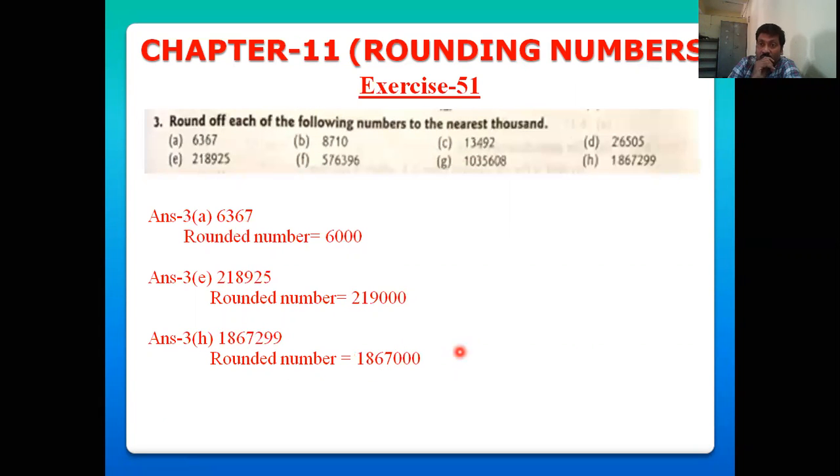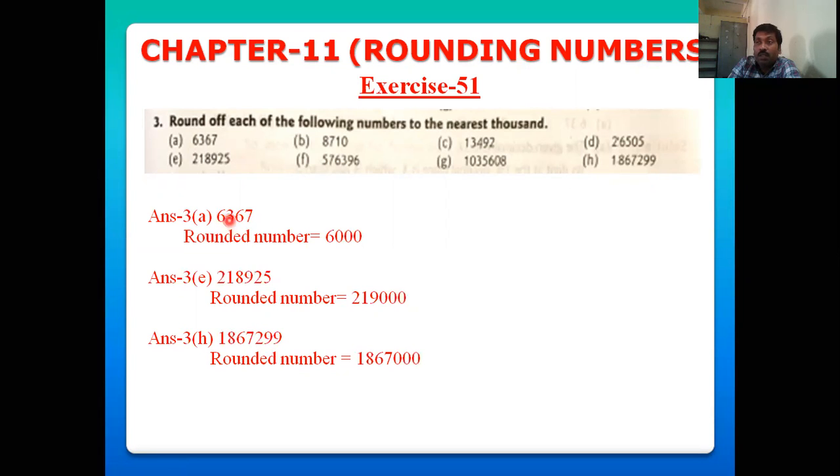And in the same way, we can write the number nearest thousand. To write the rounded number nearest thousand, we will see the thousands place digit: ones, tens, hundreds, and thousands. Six is the thousands place digit. Now see the next digit.